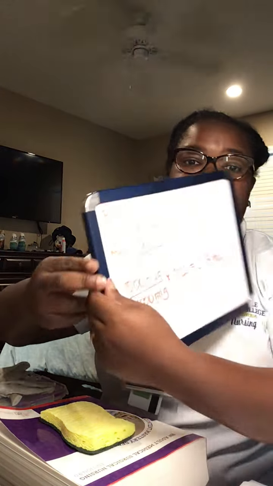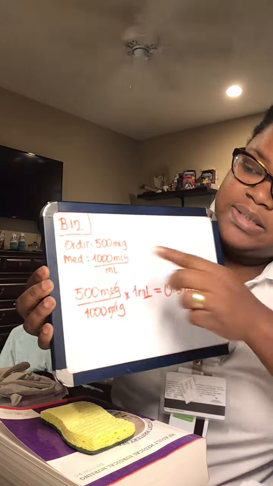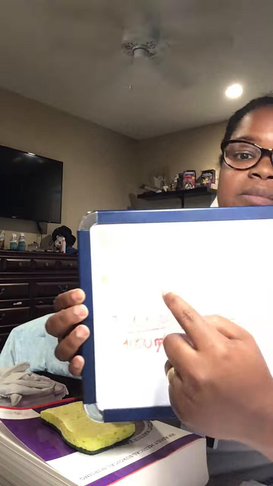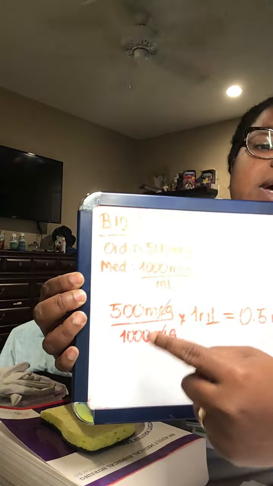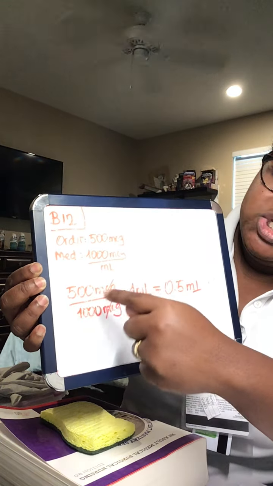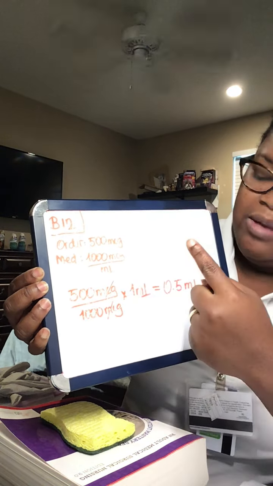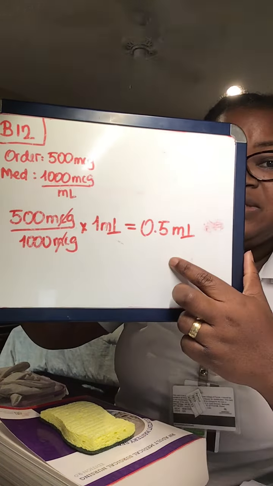I did my calculation in this table. This is the order, that's how the medicine came, and then I divide 500 mcg over 1000 mcg times 1 ml. The amount I'm going to inject into my patient is 0.5 ml.